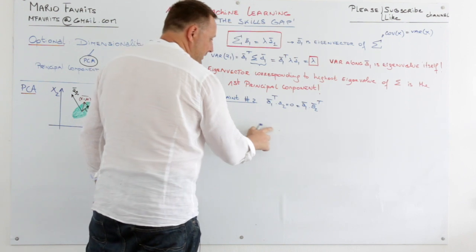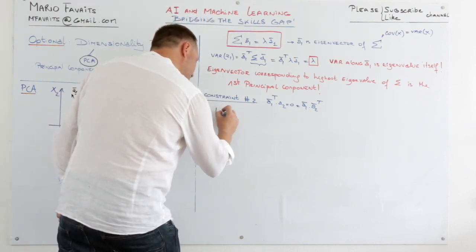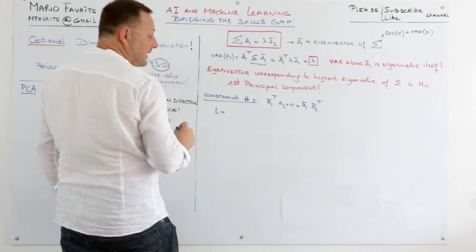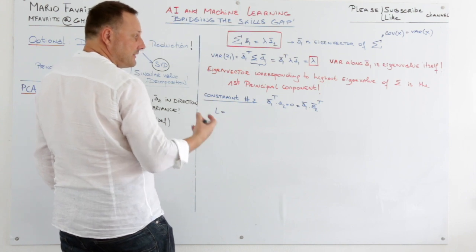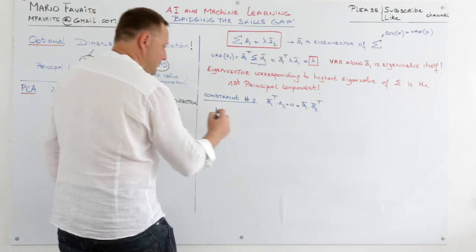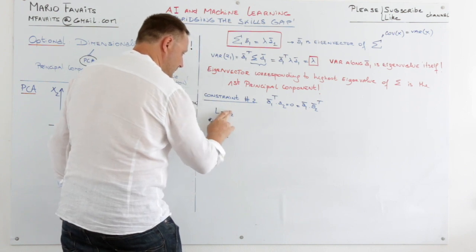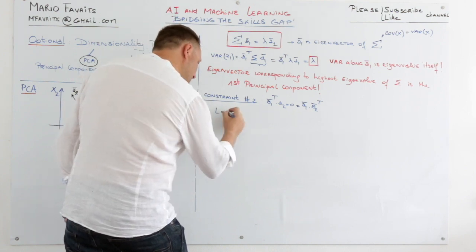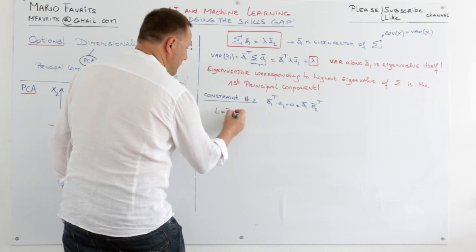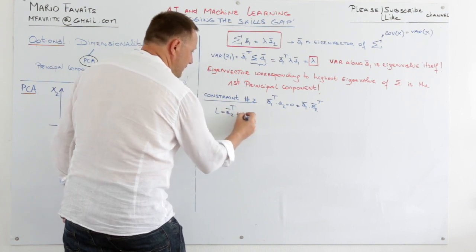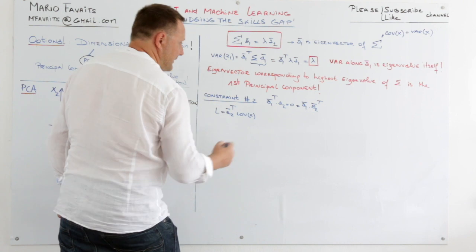So now if we rewrite the Lagrangian as we did a while ago, but now we apply it to A2, so that is A2 transpose covariance X A2.